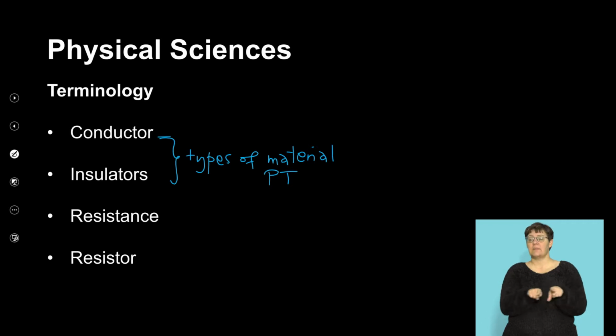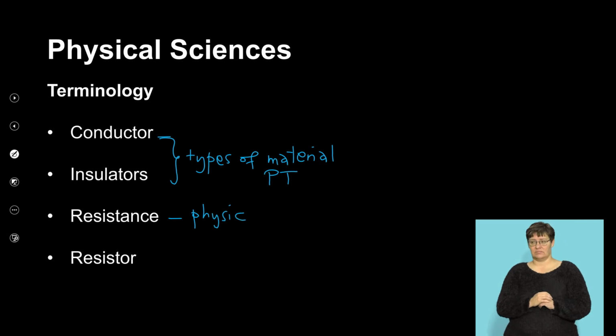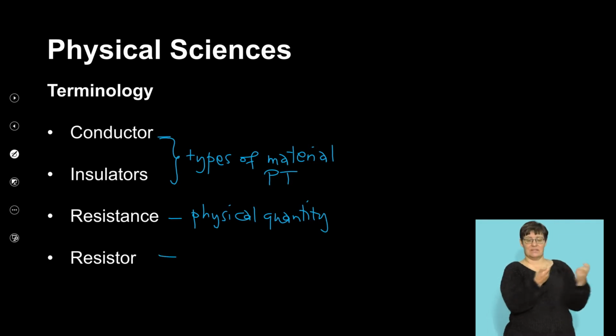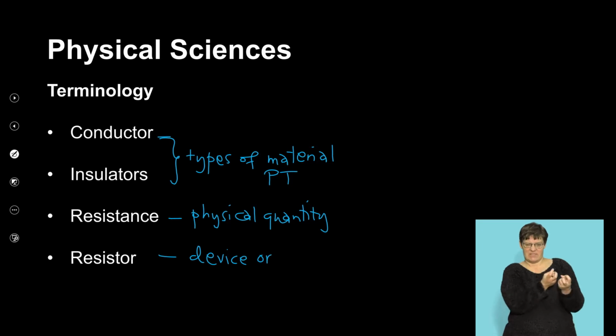The other key terms are resistance, as well as resistor. Resistance is a physical quantity, while a resistor is a device or a component.